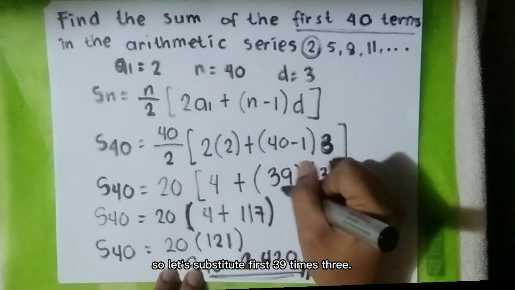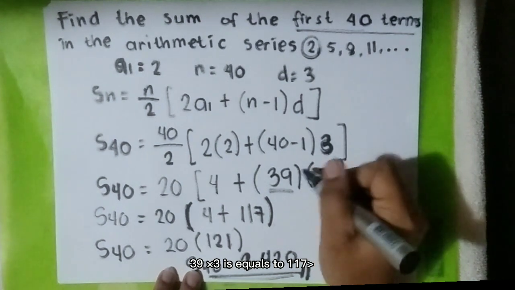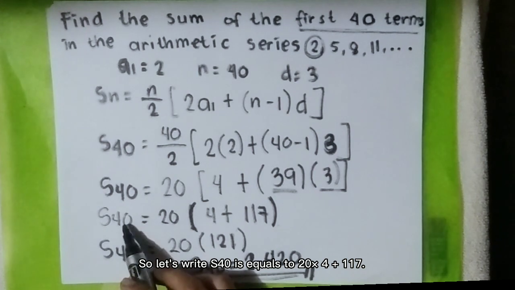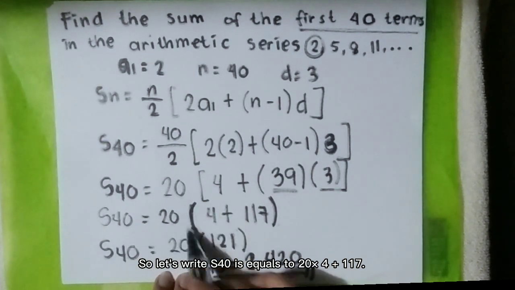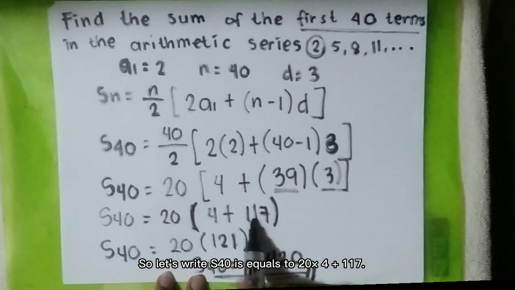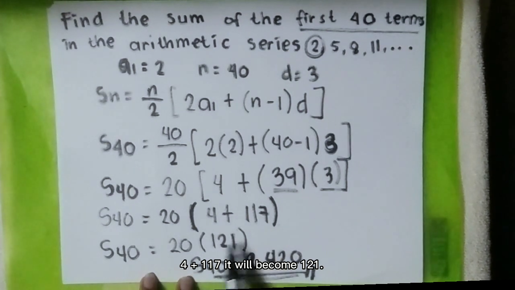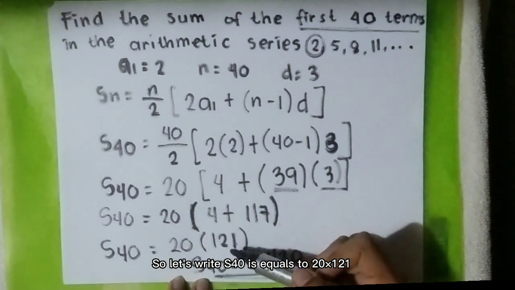So, let's compute first 39 times 3. 39 times 3 is 117. So, S sub 40 is equal to 20 times 4 plus 117. 4 plus 117 will become 121. So, S sub 40 is equal to 20 times 121.